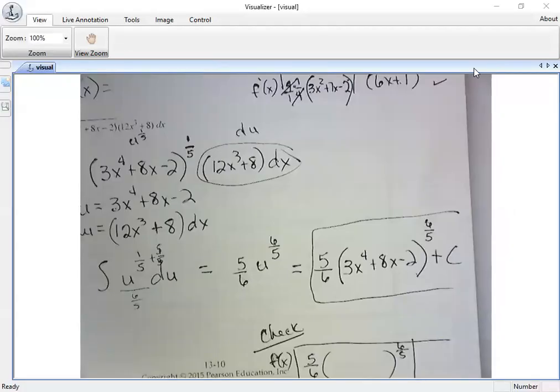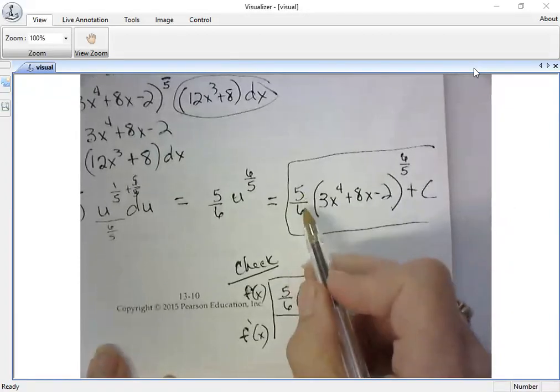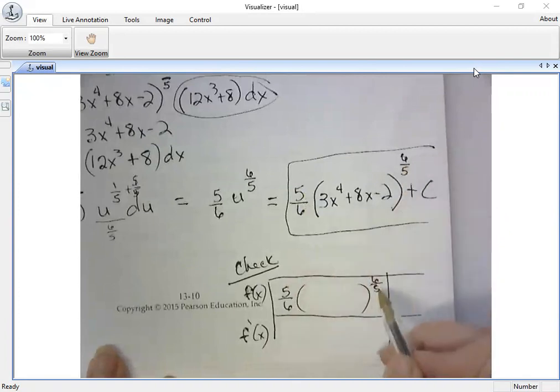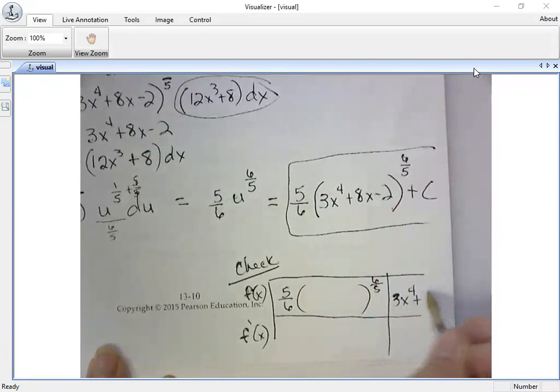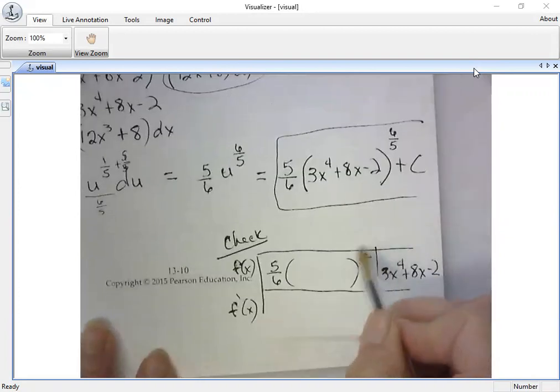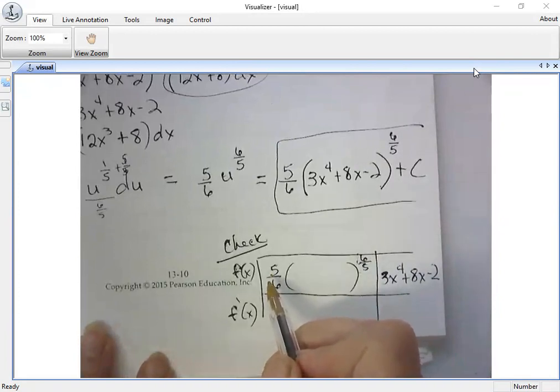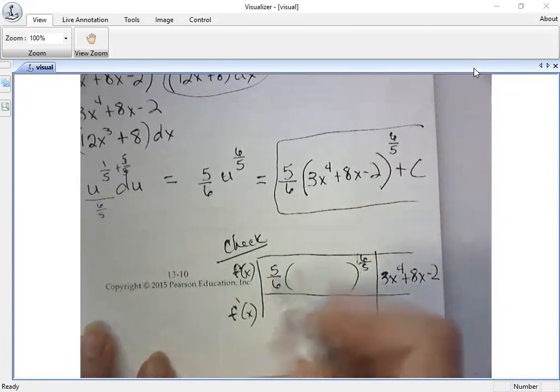Did it work? Okay, so if we're checking using the chain rule, we know we have 5/6 times something raised to the 6/5 power, and that something was the 3x to the 4th plus 8x minus 2. So if I differentiate, when I pull down this exponent and multiply it times the 5/6 that's there, what does that become? 6/5 times 5/6 is 1.